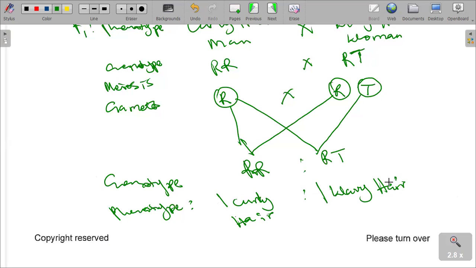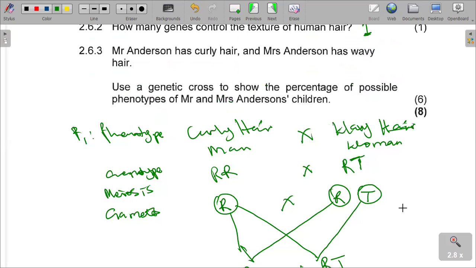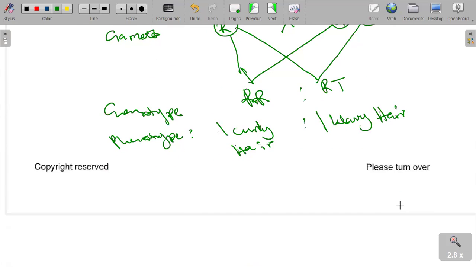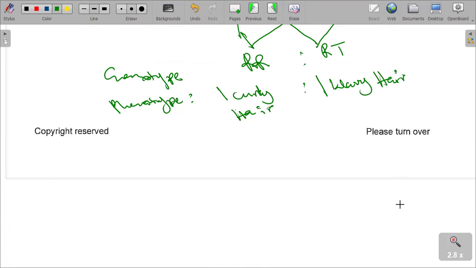We can see that. So the question wants us to use a genetic cross to show the percentage of possible phenotypes. In terms of percentage, we have one curly hair, one wavy.